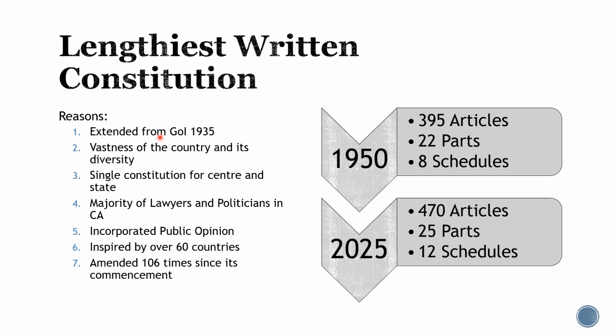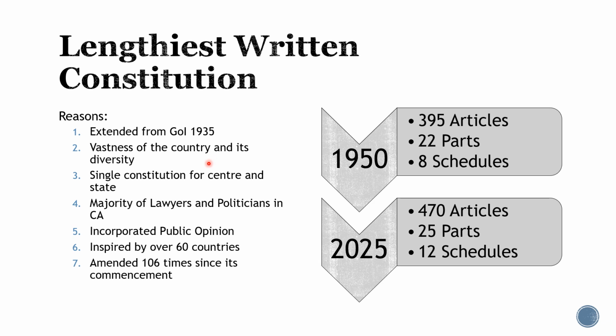Then the country is vast, and as we've seen in the previous lectures, after the draft was prepared, the country was given 8 months to dwell on it and give suggestions to the Constituent Assembly, and those suggestions were also incorporated, and the draft was modified according to public opinion. So, vastness of the country and its diversity definitely plays a big role in why the constitution is lengthy.